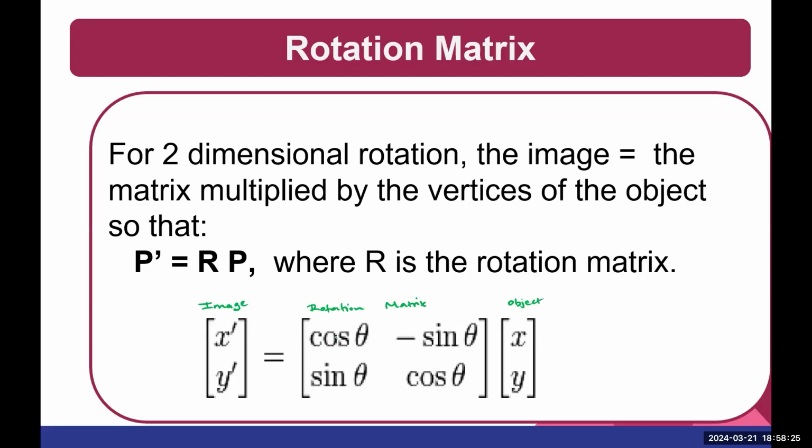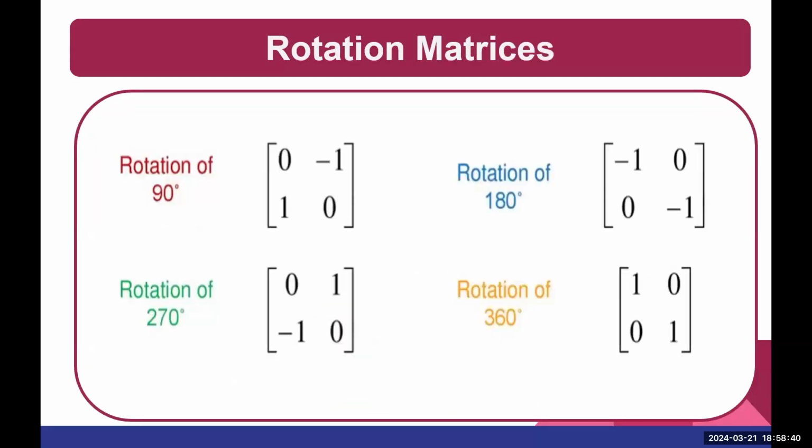So remember, this is the general form for the rotation matrix. With this, we can find all the other rotation matrices. Now let's look at what they actually are. We have a rotation of 90 degrees, 180, 270, and 360.